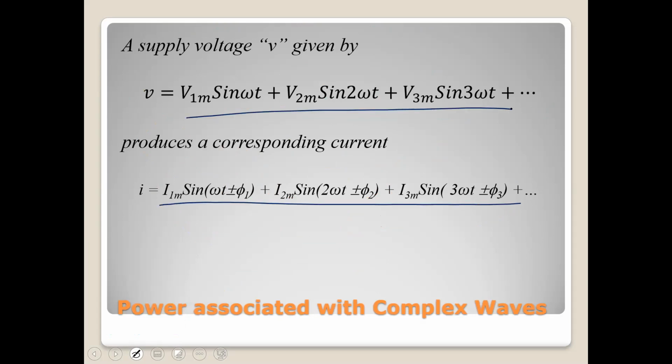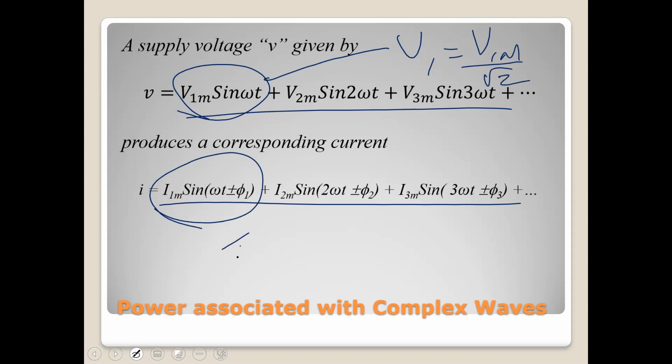So for the fundamental, V1 would be equal to V1M over root 2. And here, I1 would be equal to I1M over root 2. Amplitude over root 2.